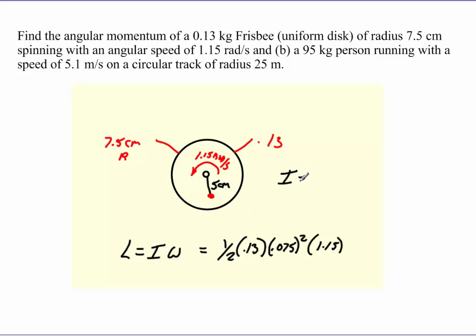The only difference would be I would equal 1/2 times 0.13 times 0.075 squared plus its mass 0.13 times 0.05 squared. That'd be your new angular momentum about that point there, but you'd use the same angular velocity. Does that make sense?